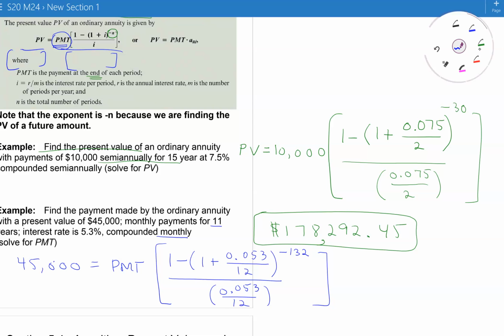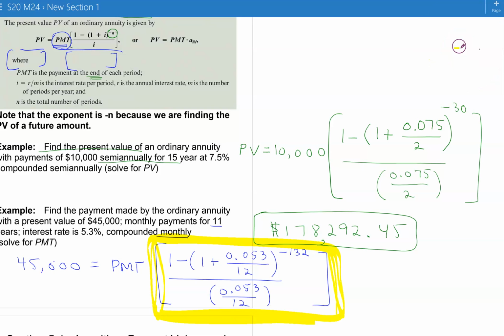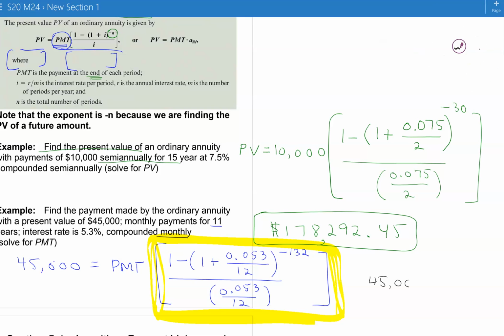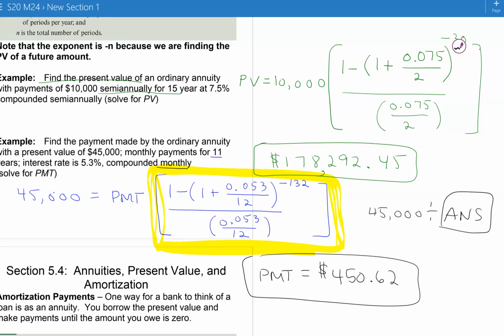How I would do this is I would calculate out this part in the square bracket, and then I would do 45,000 divided by the answer. However you do it, you need to get that the payment amount is $450.62. So make sure you figure out how to get your calculator to give you that result.